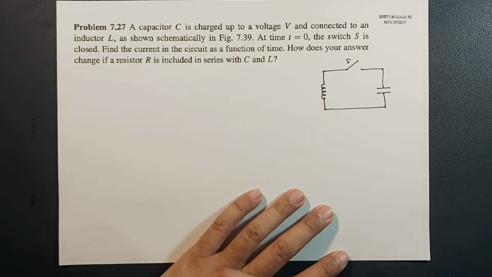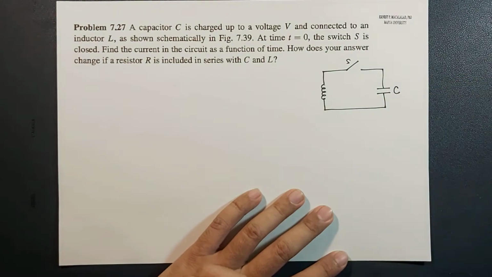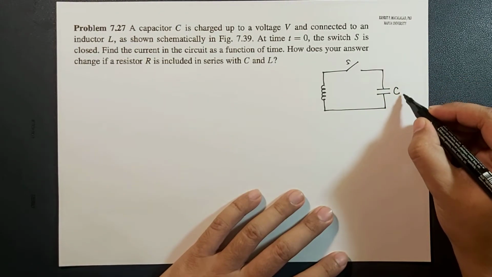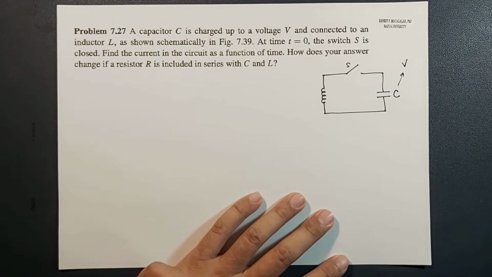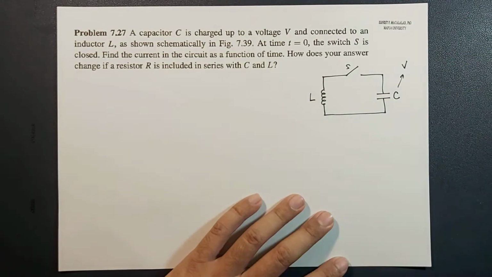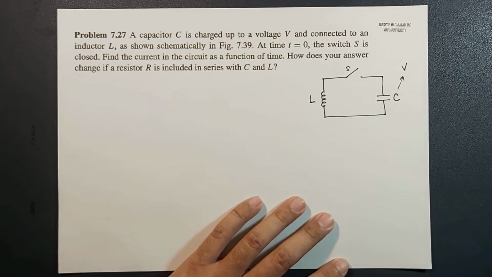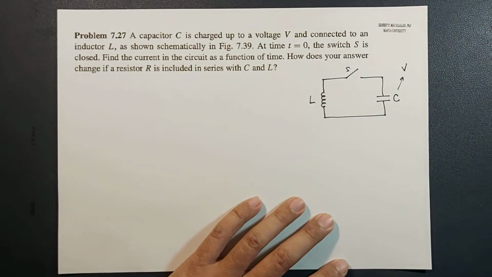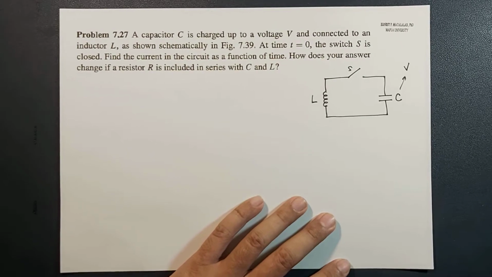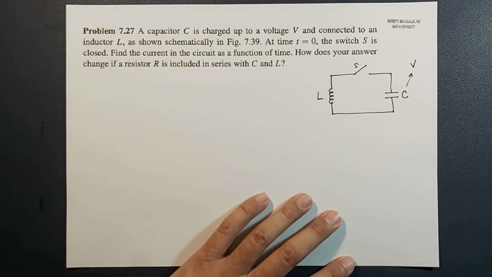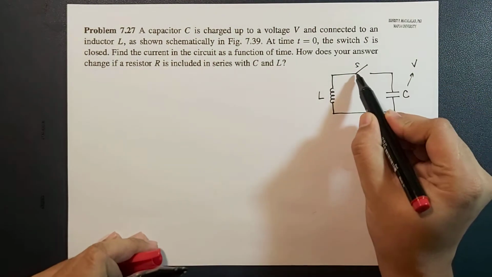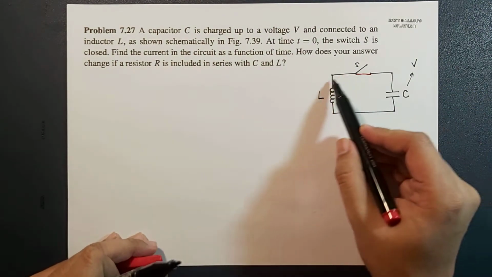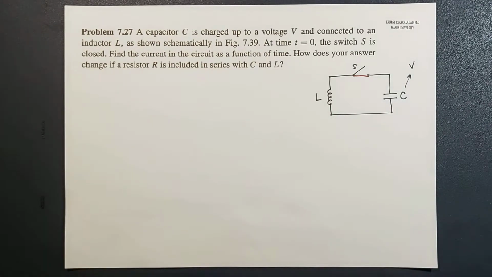As mentioned here, the capacitor is fully charged with a potential difference of V, and that is connected to our inductor L. Now, at time equal to 0, the switch is closed. When the switch closes, current will now flow through the circuit.